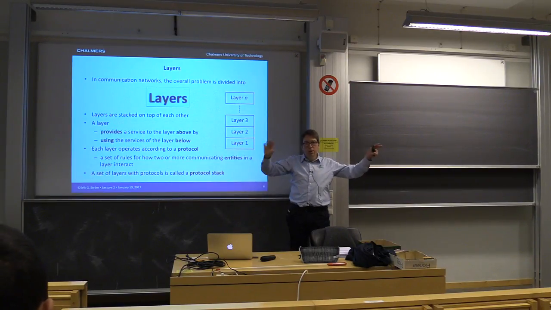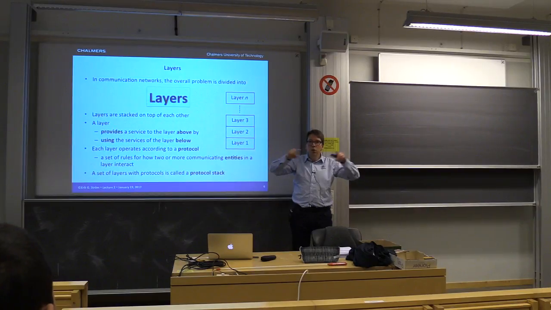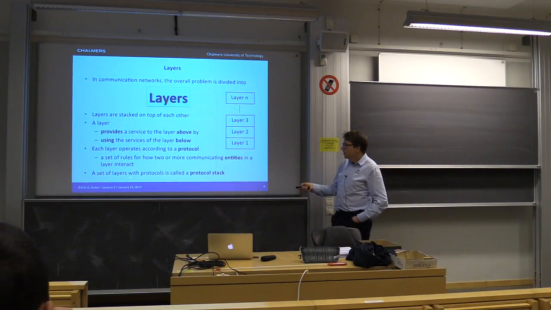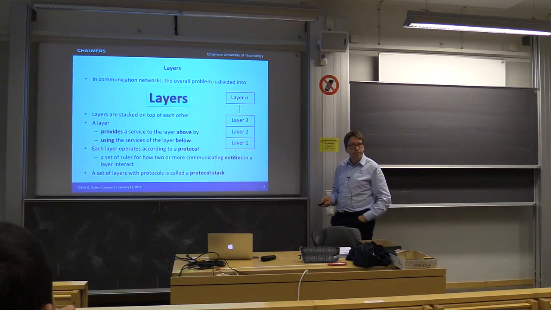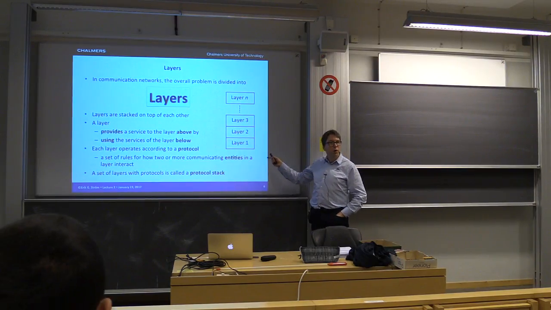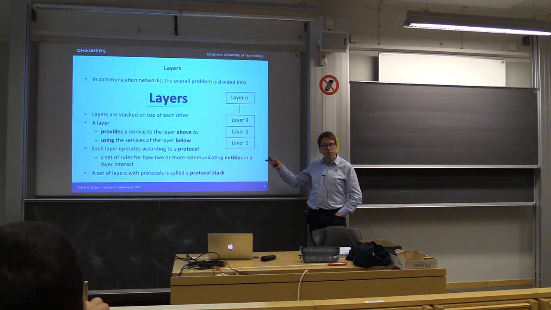These programs are run at different computers, and they want to communicate with each other, and they communicate using the rules which are defined by that protocol. Okay. A set of layers with protocols is called a protocol stack. Okay. So when you get home this evening, you can pull up this slide again and see, okay, did I get this? Right? And if you did, you're in good shape.